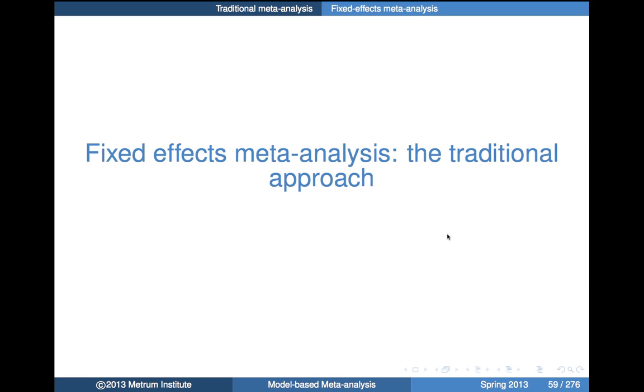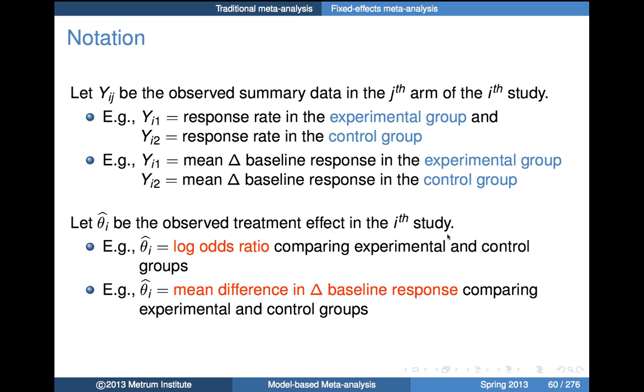So for the fixed effects analysis, let's start with that. That's the simplest. And I'll just start by defining some notation. I'm going to distinguish between using Y's for observed summary data that's like a response, so like a response rate or a change from baseline score. And I'll contrast that with theta hat to denote things that are treatment effects.